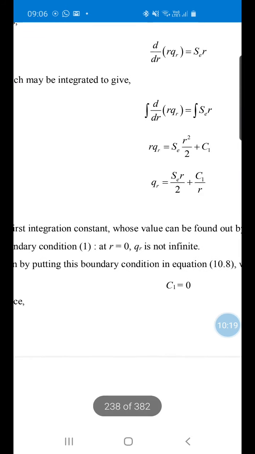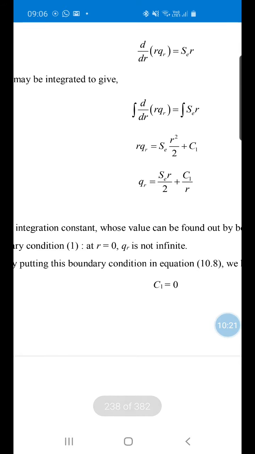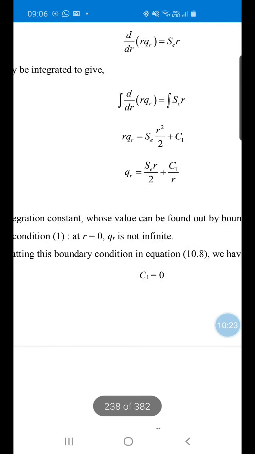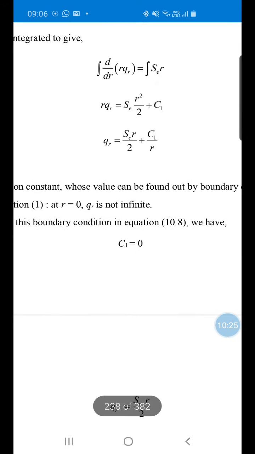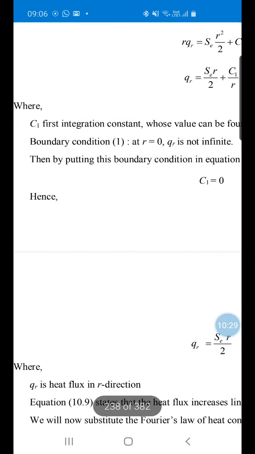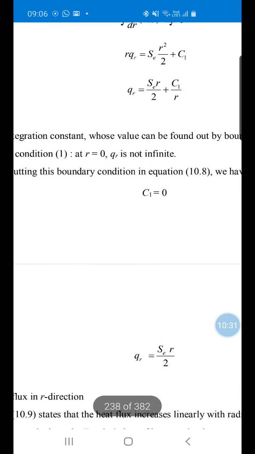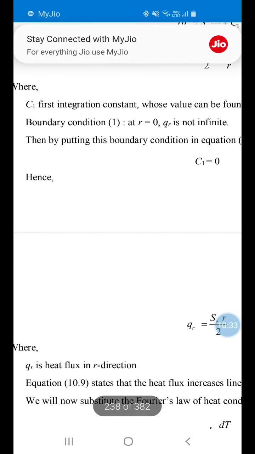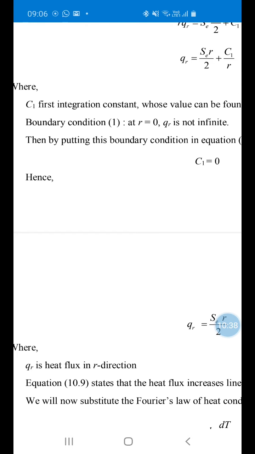Now you have to integrate this equation and find the value of Qr. So you will get Qr equal to Se into r by 2 plus C1 by r. So the first integration constant is introduced. You have to write the first boundary condition. What will be the boundary condition? The boundary condition will be at r equal to 0, Qr is not infinity.